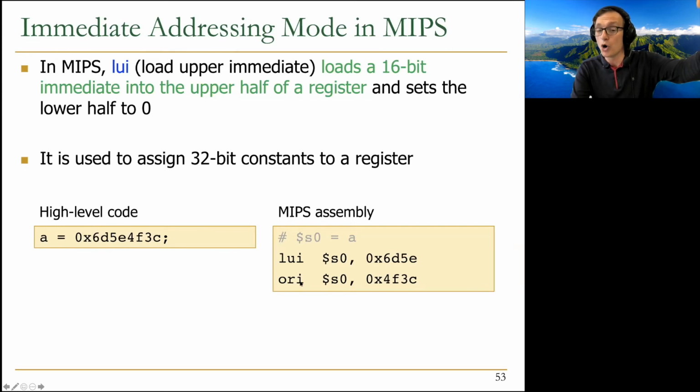And then you can OR immediate S0 with a 16-bit value, such that you can set the bottom 16 bits. Hopefully that makes sense. So basically, you construct the 32-bit value by loading the upper 16 bits using the LUI instruction, and then you set the bottom 16 bits using the OR immediate instruction.